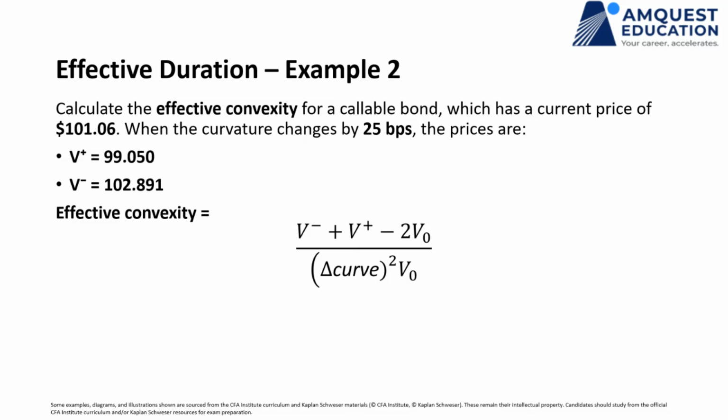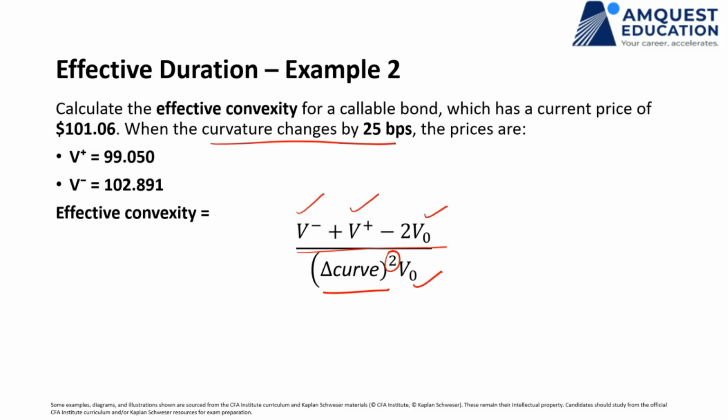Effective convexity is very similar. The only point is, the notation and the nomenclature is exactly the same. We use delta curve squared because we are saying the curve is changing by 25 basis points, and this is a callable bond, so I'm going to use the effective convexity concept.